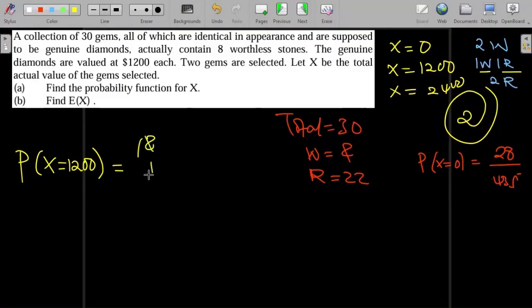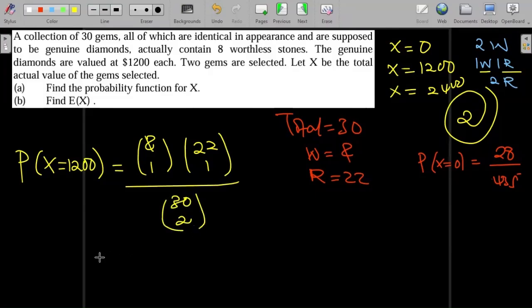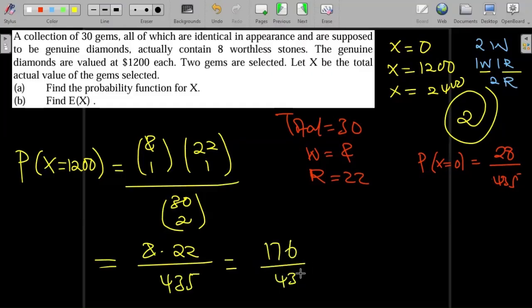So from the 8, I select 1, and from the 22, I also select 1, divided by the 30, which is the total, where I'm selecting 2. 8 combine 1 is simply 8, multiplied by 22 combine 1, which is 22, divided by 30 combine 2, which is 435. So this gives me 176 divided by 435. So the probability that x is equal to 1200 is 176 over 435.